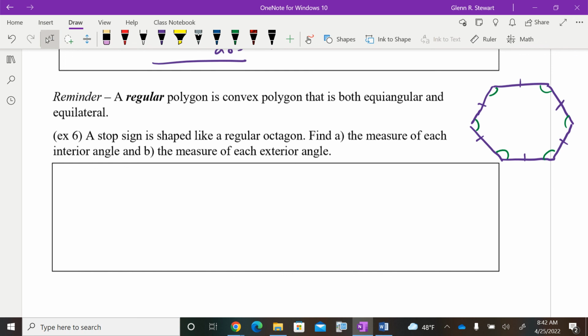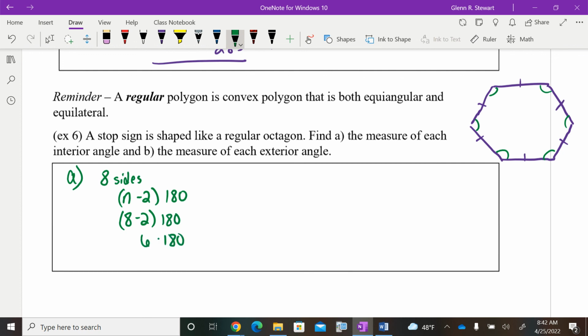Find the measure of each interior angle and the measure of each exterior angle. Let's first start with A, the interior angles. Remember with this, we have 8 sides. So whenever we have n minus 2 times 180, this is 8 minus 2 times 180, or 6 times 180.